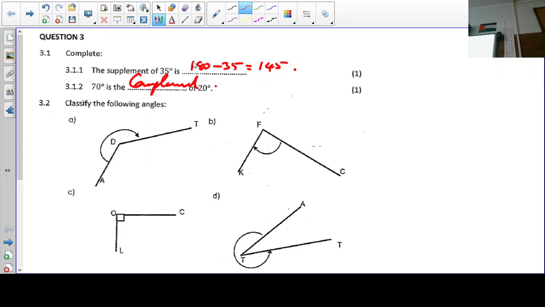Classify. A. What's this angle here? Reflex. Did I mark the paper? On the memo say it. Oh, memo is wrong. Yes, the memo is wrong. So now you put +1 in pencil. Okay?